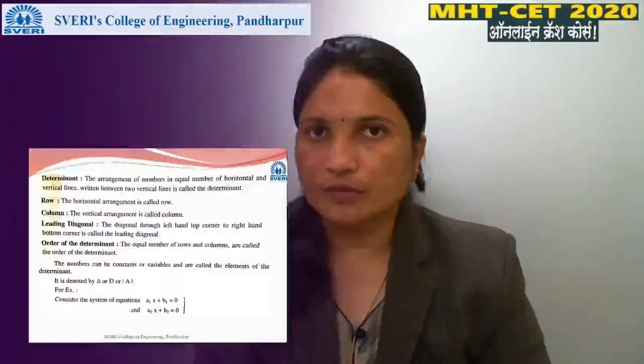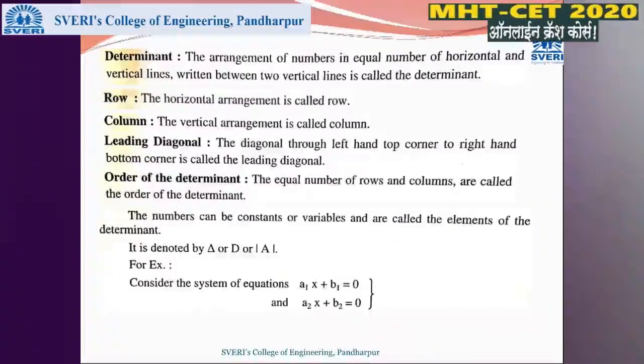After this, we are going to see the definition of determinant. The arrangement of numbers in an equal number of horizontal and vertical lines, written between two vertical lines, is called the determinant.